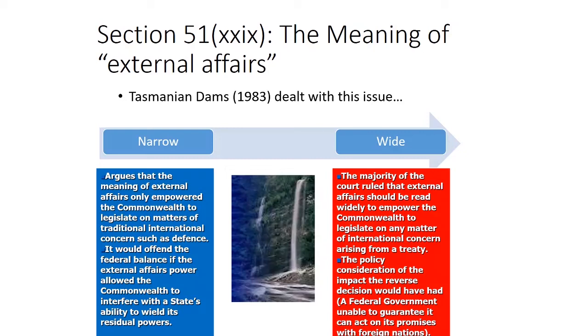So another good example of that is Toonan. So Toonan, again, Tasmania, funnily enough, there was some criminalisation of homosexuality in Tasmania, and Toonan was a bit of an advocate for anti-discrimination in this space.